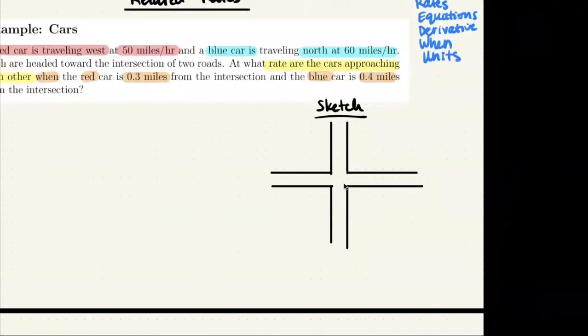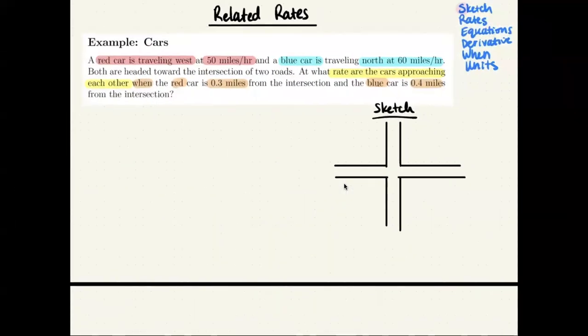We're told that the red car is traveling west. So let me draw a little car here. Kind of looks like a turtle, but there's my little car. It's going west. My red car going west at 50 miles per hour. And I've got a blue car going north.